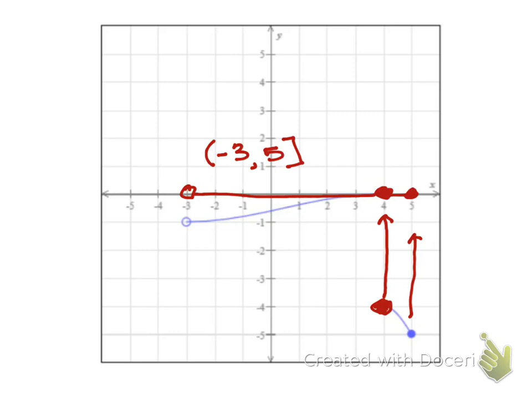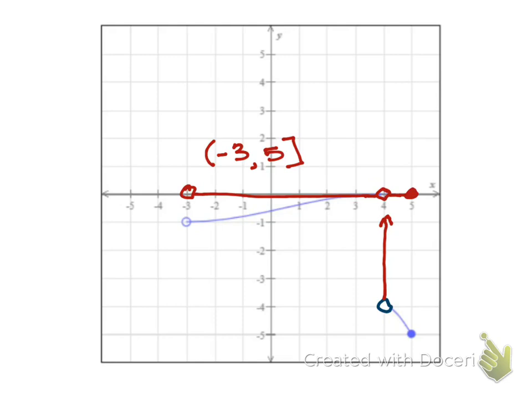If that had been an open circle, let's talk about that for a second. What if that had been an open circle down here at the bottom? Starting again, we would have the open circle at -3 and the open circle at 4. And then this coming up, I didn't draw that very well, would come up as an open circle, and then we would have the closed circle at 5, and we would still have that whole line.